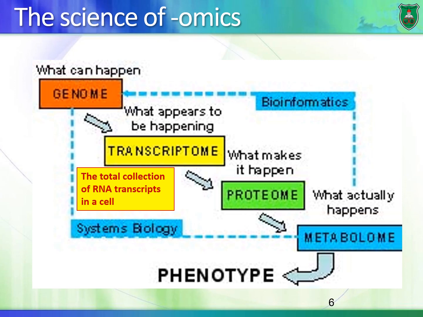Now, by the way, protein biochemists said, you know what? What's really important is the protein itself. Okay, so not RNA, because it doesn't mean that if you have 10 RNA molecules you have 10 proteins, let's say. And besides, proteins are the ones that do the function for cells, not RNA, not DNA. So they came up with a new science known as proteomics, which basically analyzes the total collection of proteins in a cell. Now, other biochemists said, you know what? What's really important is the metabolites, that is the products of enzymatic reactions.